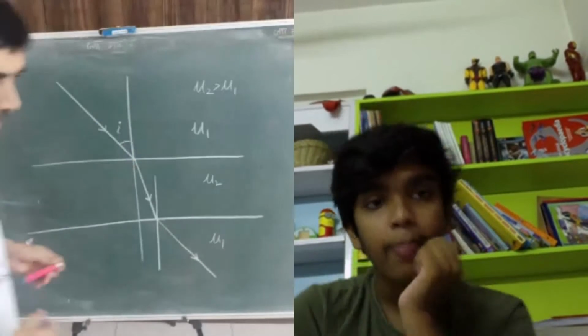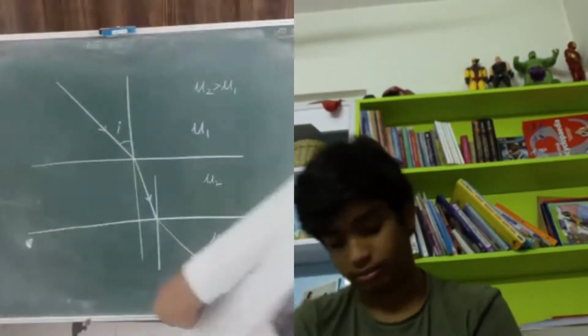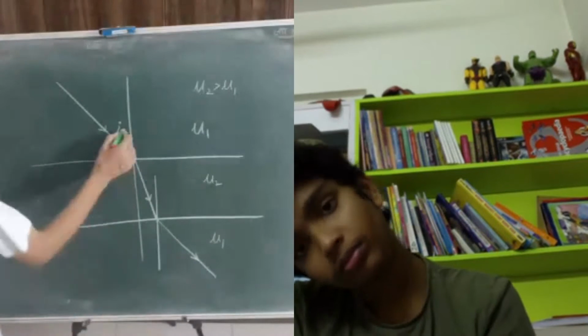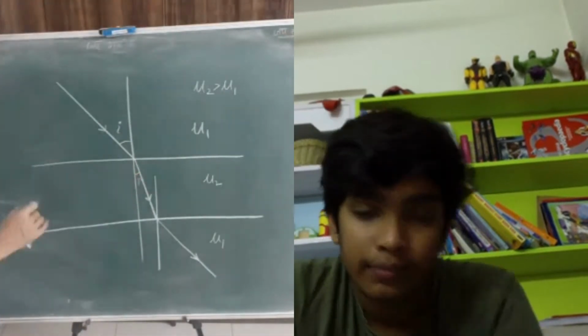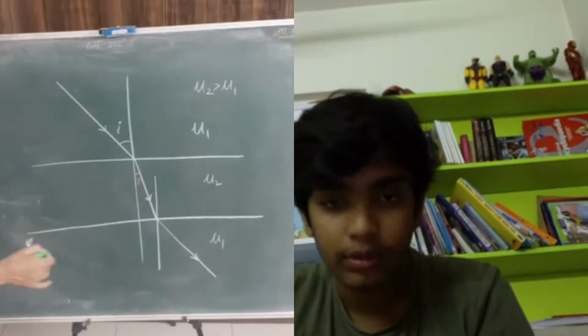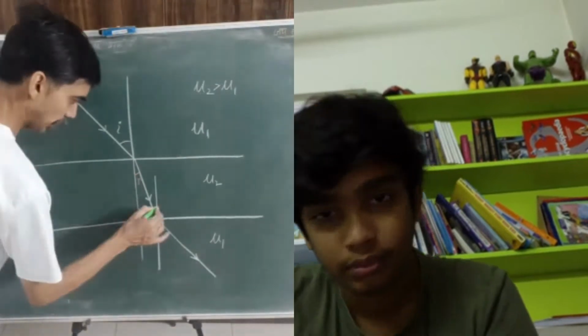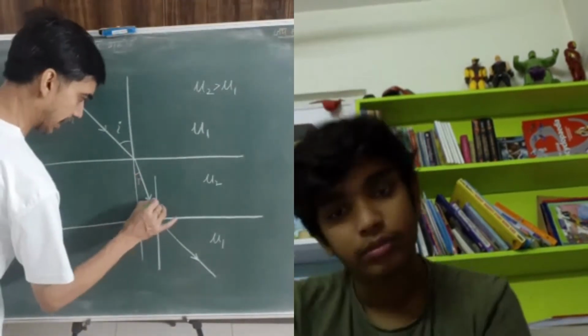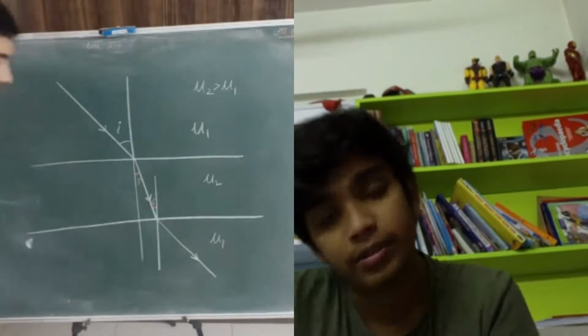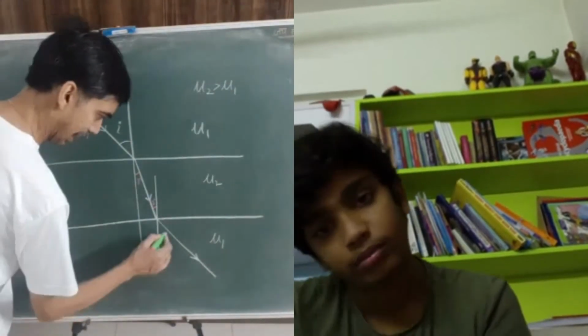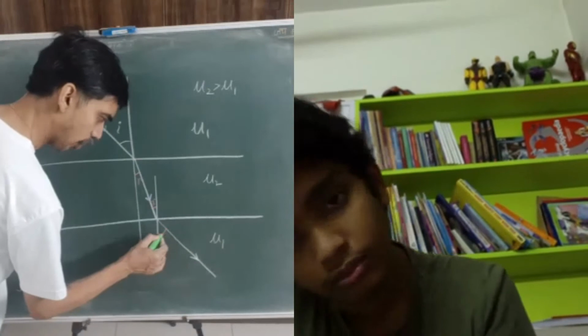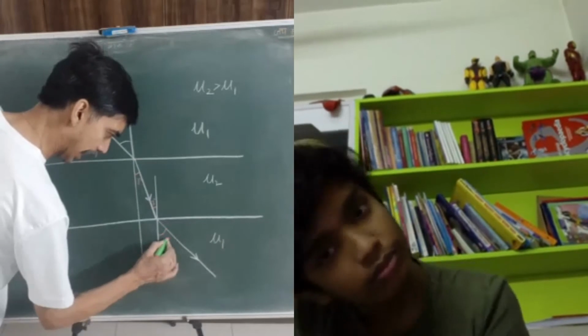Now see for yourself what we get. This is I, and what will this be marked? R, visible? This will also be our opposite angle right here. And the other angle, I'm marking this I prime.